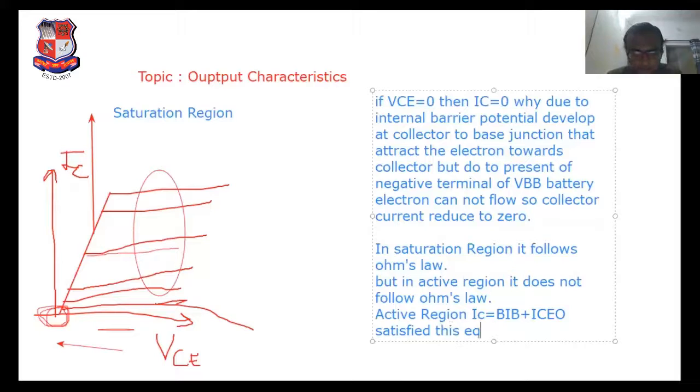Please prepare this equation very carefully. So it is the output characteristics of common emitter configuration of transistor. Read this very carefully. It is very important.